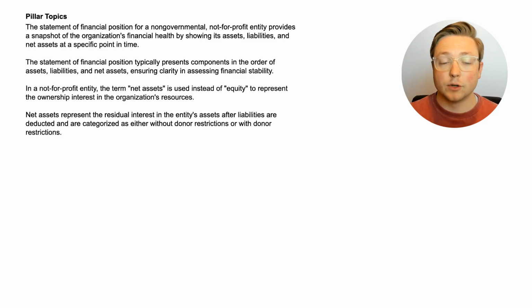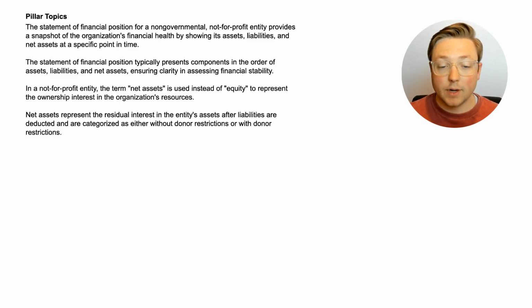Okay, here we are at the pillar topics. And remember, this is kind of a summary, kind of the key points. The statement of financial position for a non-governmental not-for-profit entity provides a snapshot of the organization's financial health by showing its assets, liabilities, and net assets at a specific point in time. The statement of financial position typically presents components in the order of assets, liabilities, and net assets, ensuring clarity in assessing financial stability. Basically, again, just a balance sheet with net assets instead of equity.